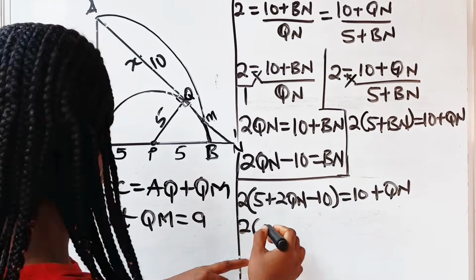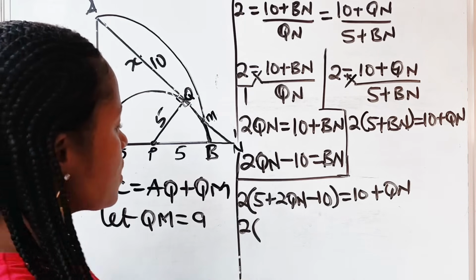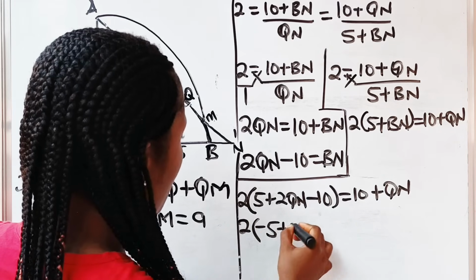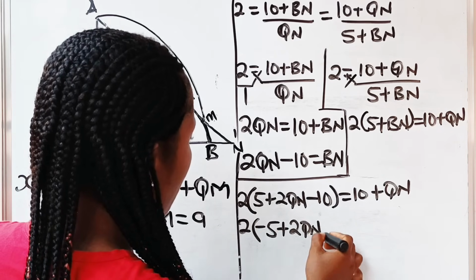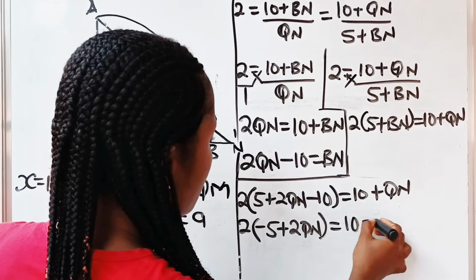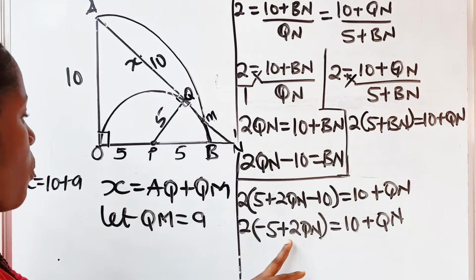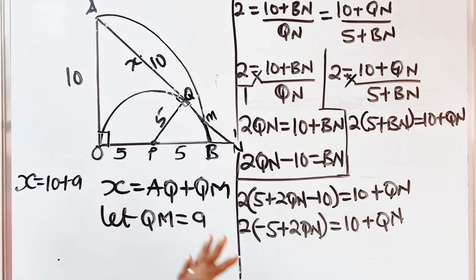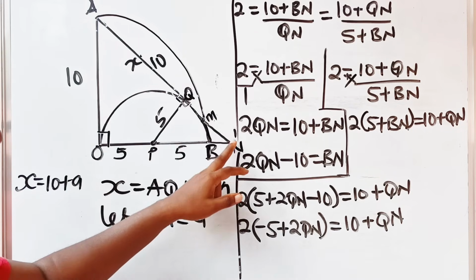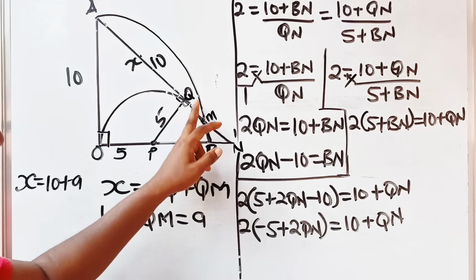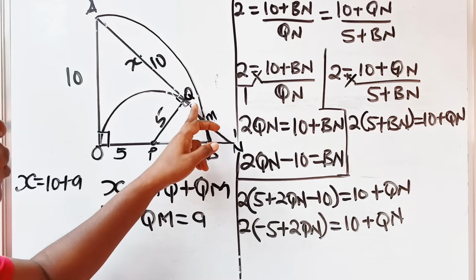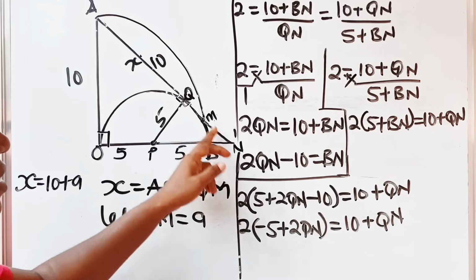So we have 2 brackets, 5 minus 10 is minus 5, plus 2QN is equal to 10 plus QN. Now, if we open this bracket, see what I'm trying to do. If I'm able to get my QN, then remember that QM, which is what we are looking for, is inside QN.